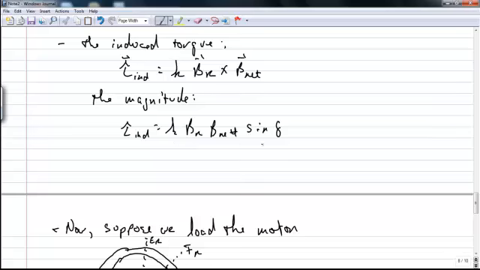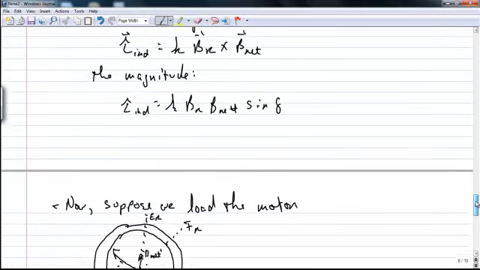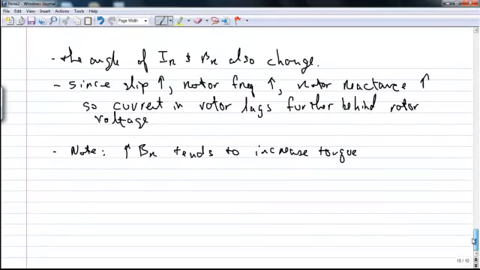But we also have this sine delta term here, and that angle delta is also changing. We've said that angle is going to change. So the increase in delta tends to decrease torque.